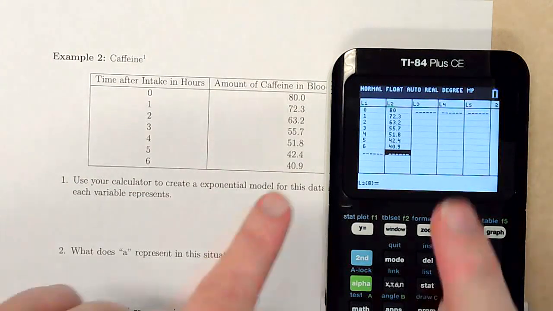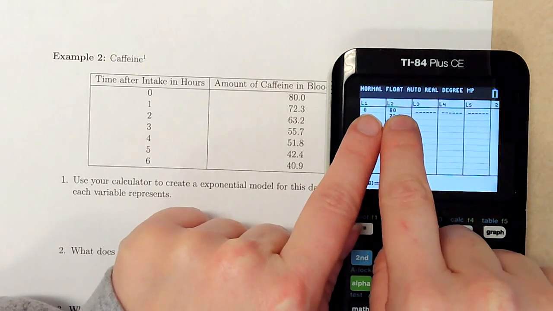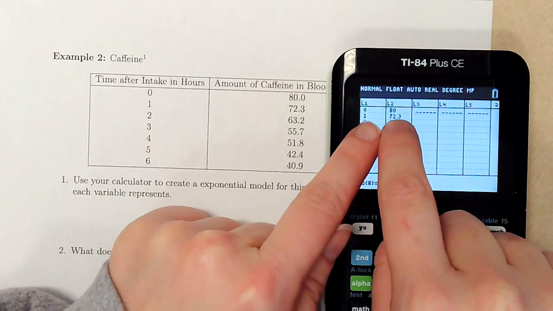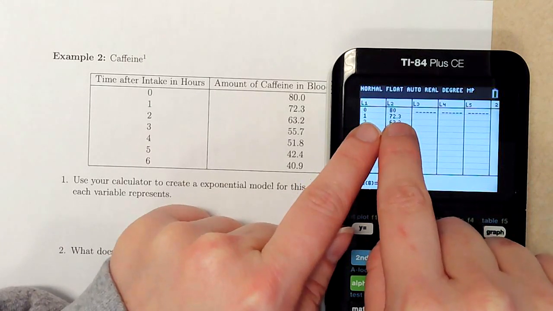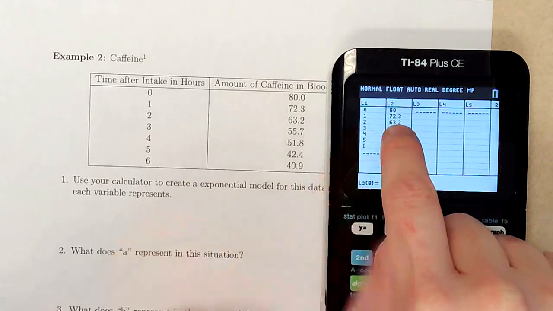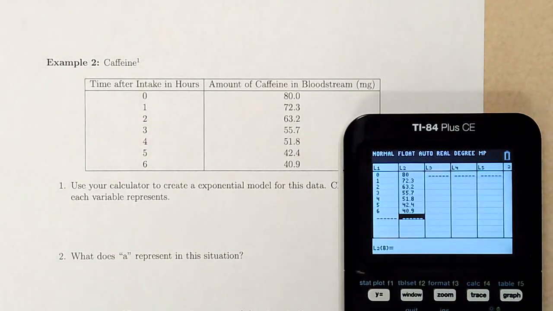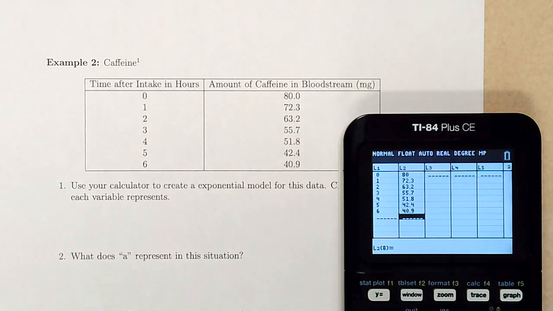Making sure that they line up because they correspond to each other. That's immediately after 1 hour, there's 72.3 milligrams in the bloodstream. We want to make sure that correspondence is obvious and doesn't get mixed up at all. Otherwise, it'll give us the wrong model.